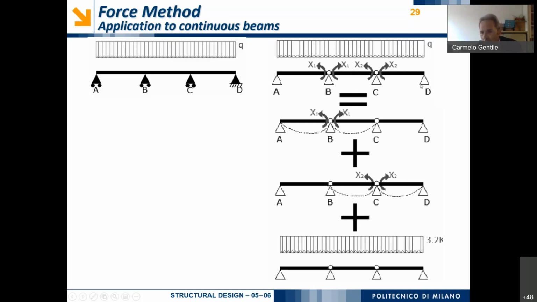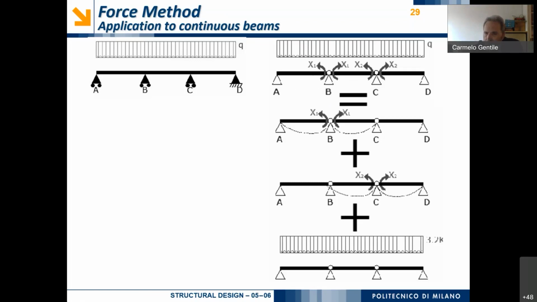this structure statically determined by introducing, for each intermediate support like B and C, an internal hinge, and corresponding to the internal hinges we can also highlight the redundant bending moments x1 and x2.